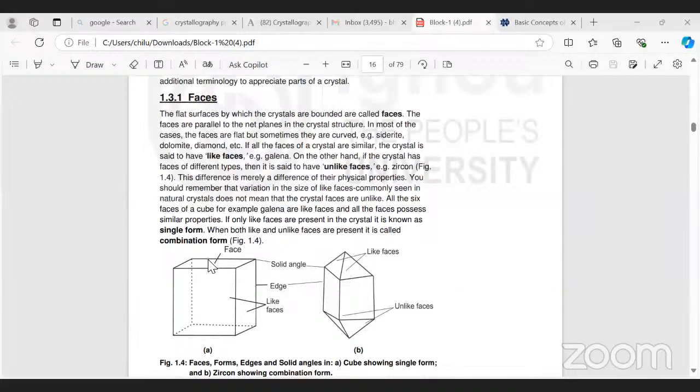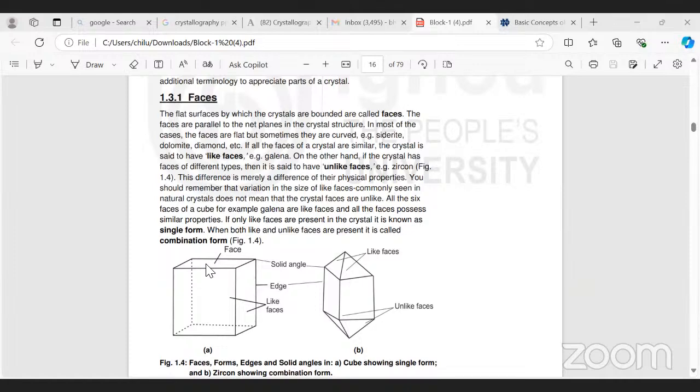You see here, this is one face, and this is also a face, and the bottom is also a face, and this side one is also a face. You see the flat surface which bounds the crystal. It is known as a face. The faces are almost parallel to the net planes in a crystal structure, definitely parallel to the plane surfaces.